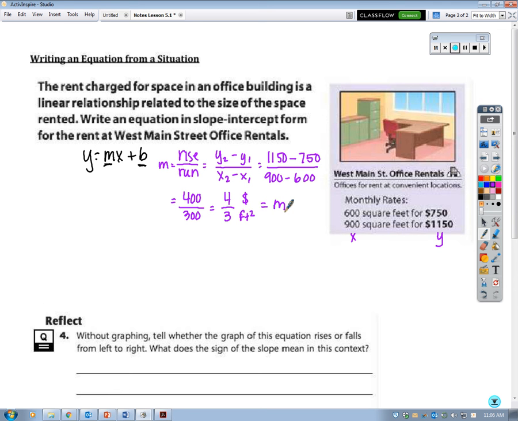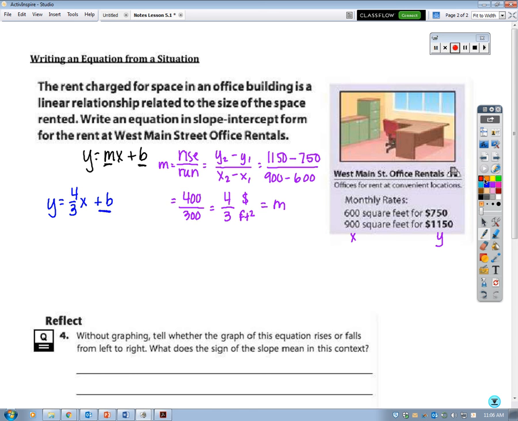And then we're going to find our initial fee. So how do we determine that? How do we determine our y-intercept? Well, we have to solve for b. So this is something new. We're going to plug our slope and then an x value and a y value into our equation. So we're going to take y equals 4 over 3x plus b, and we are trying to solve for b.